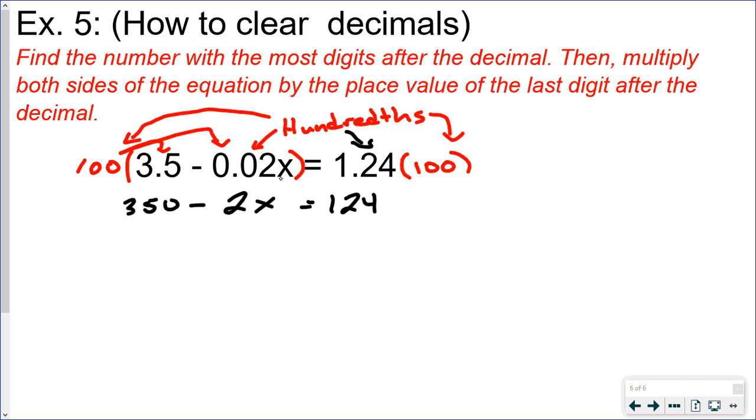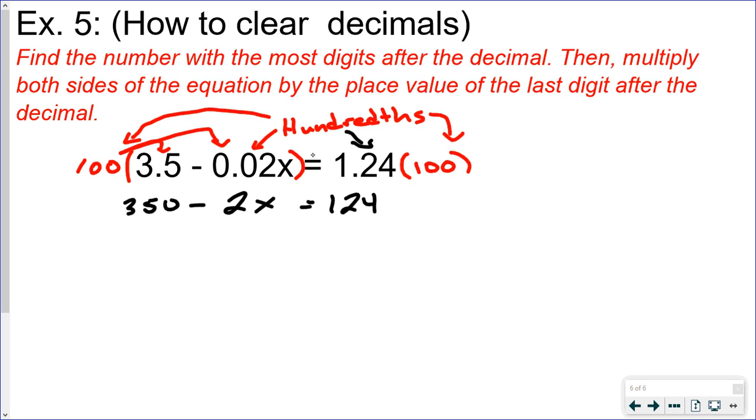The furthest I need to move it is 2 places. So to move it 2 places, I multiply by 100. So what we have now is equivalent to what we started with. Remember, you can do anything you want to an equation as long as you do the same thing to both sides of the equation. And then the equation will still remain true.